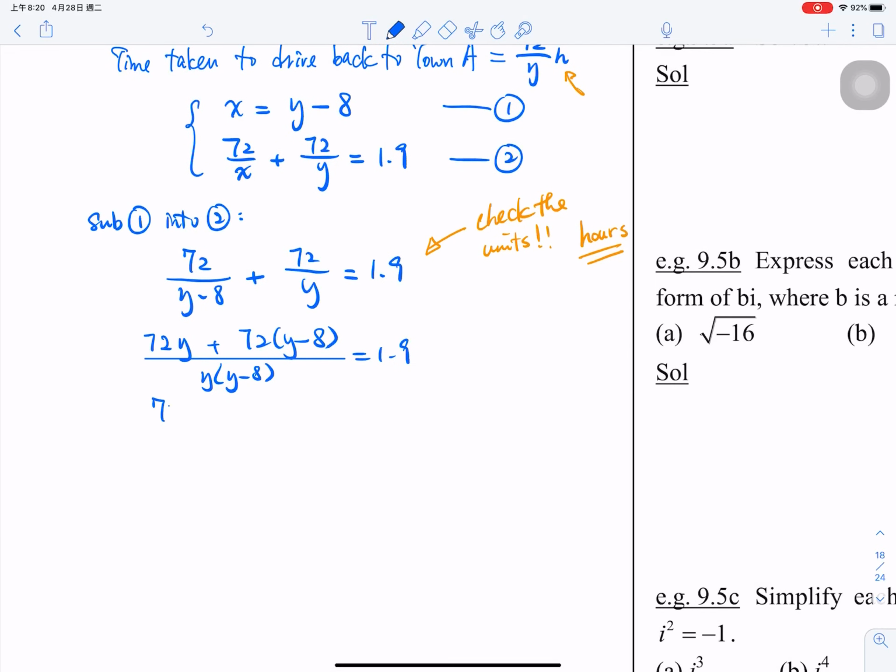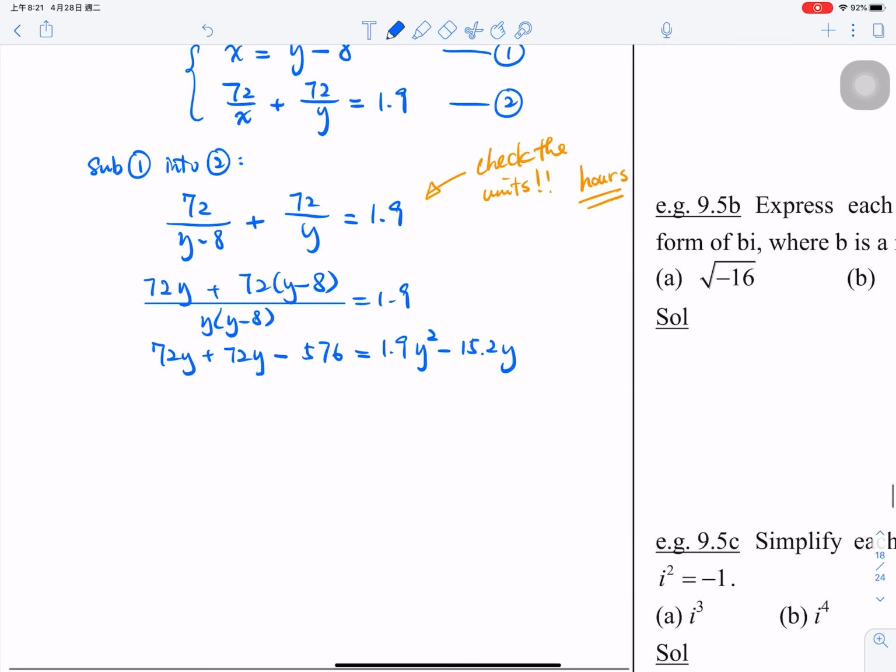So here, 1.9 times y squared minus 15.2y. Okay, so simplify: 1.9y squared minus 159.2y, oh no, plus 576.